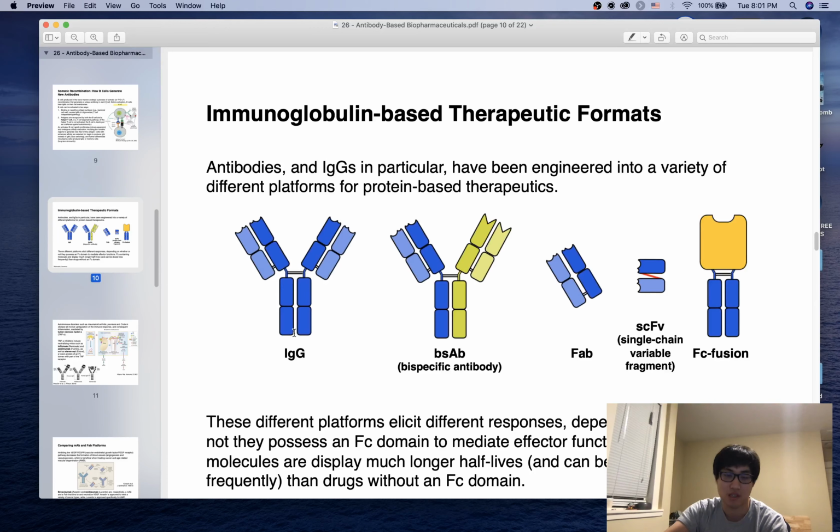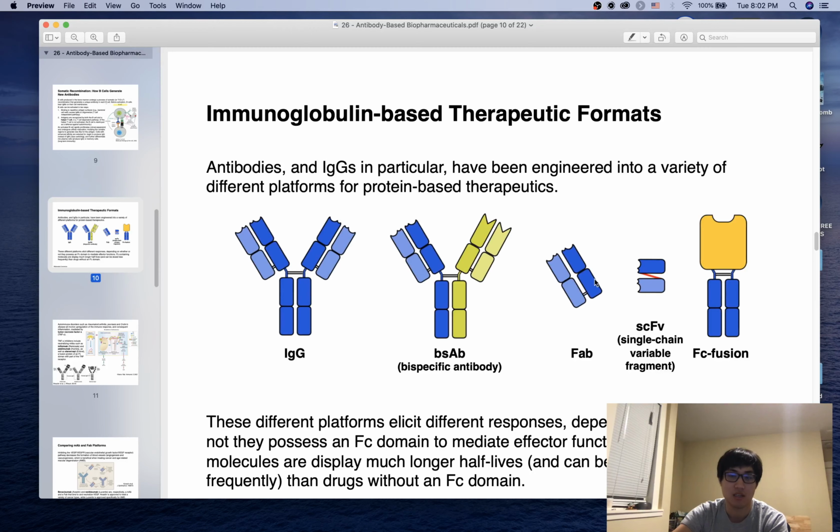This part is called the FC domain, but these two are called Fab. Actually they call it Fab with only one end. This end is called Fab. If you have two Fab linked here, that is important.